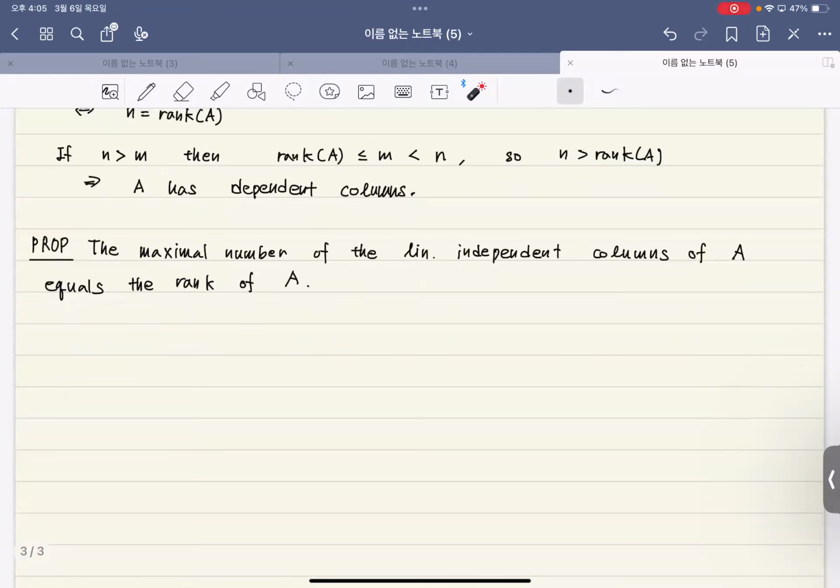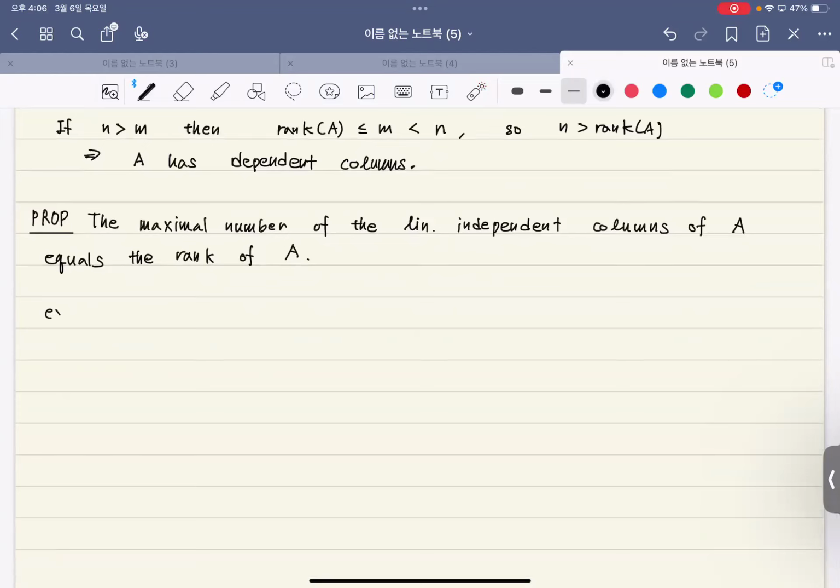How do I prove this? Instead of giving you the formal proof of this proposition, I will try to convince you by showing you some example. A1, A2, A3, A4, A5.